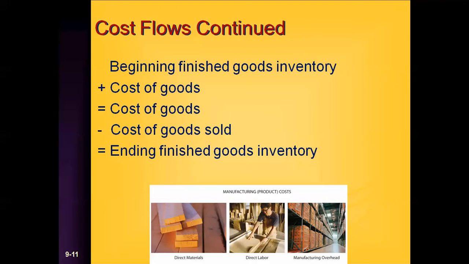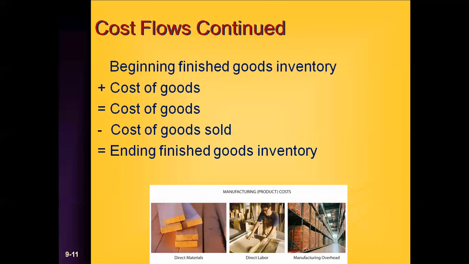Okay, so then let's move on to finished goods inventory. And for finished goods inventory, the math here is, again, very similar. You'd have your beginning balance, which reflects the cost of products finished but not sold in the previous period.